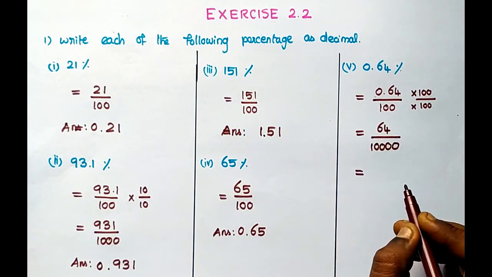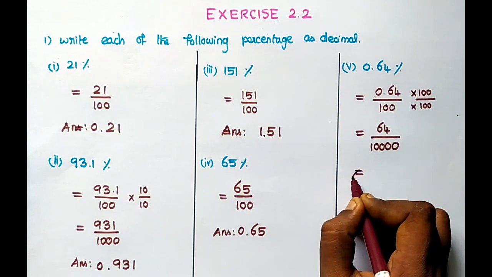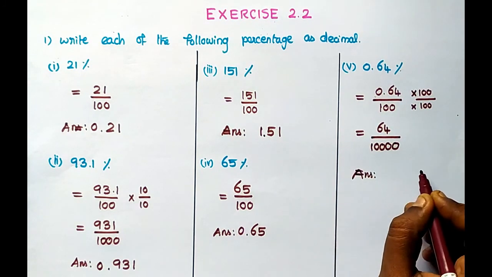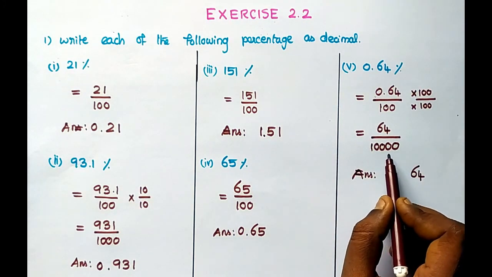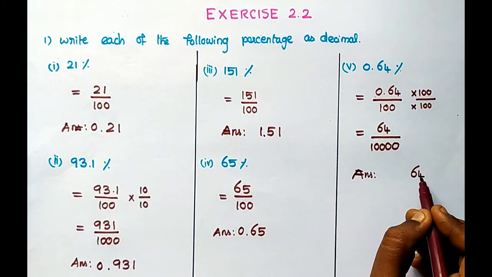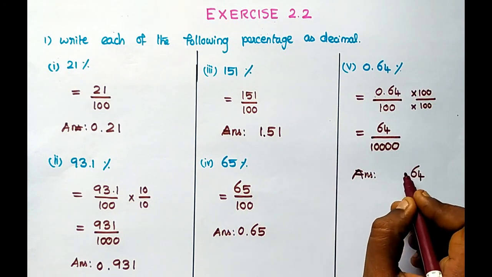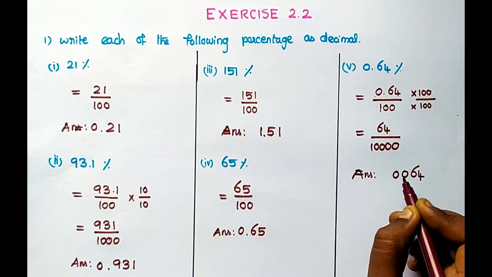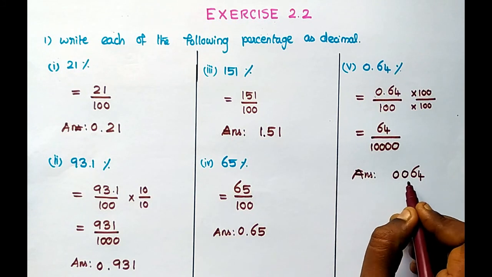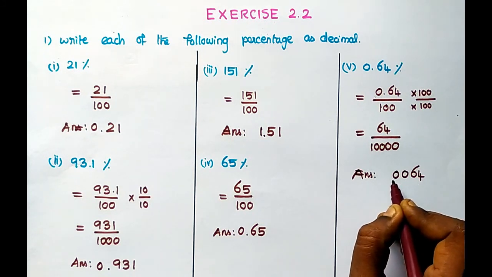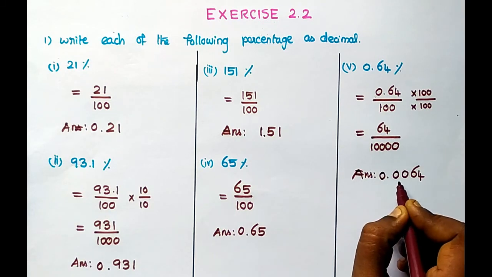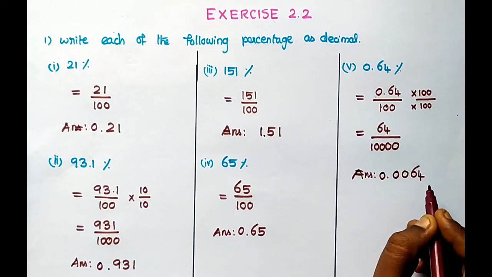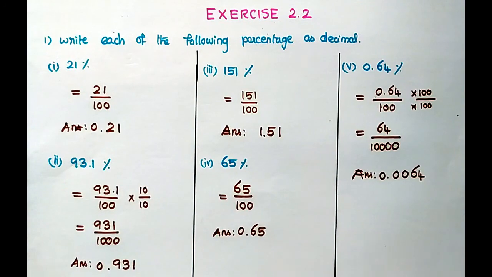Now, 64 only is there, but in the denominator 4 digits are there. So put 0 for the 3rd and 4th digits. So 4 digits before, we keep the point, means 0.0064 is the answer.